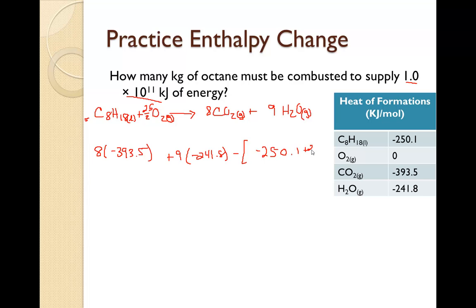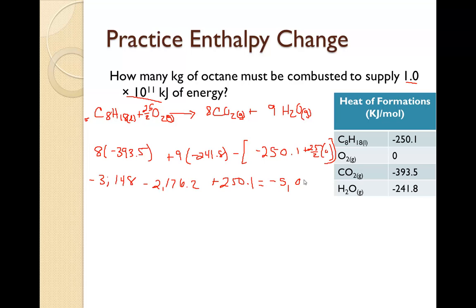That comes out to be negative 3,148 minus 2,176.2 plus 250.1 equaling negative 5,074.1 kilojoules per mole.